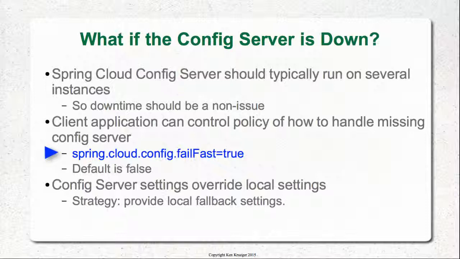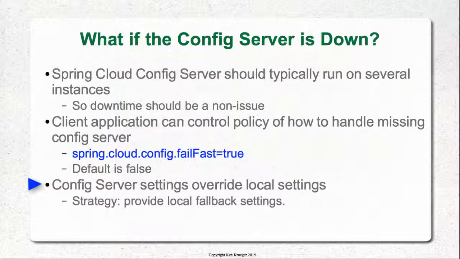You can try it, shut down the server and start the client and see how it behaves. The default is that the client doesn't want to fail. We want it to start up and see what it can do. If you don't want that behavior, then you would set it to fail fast. And that will make the client very finicky. It will say, I'm not going to run without configuration information being provided to me by the configuration server.